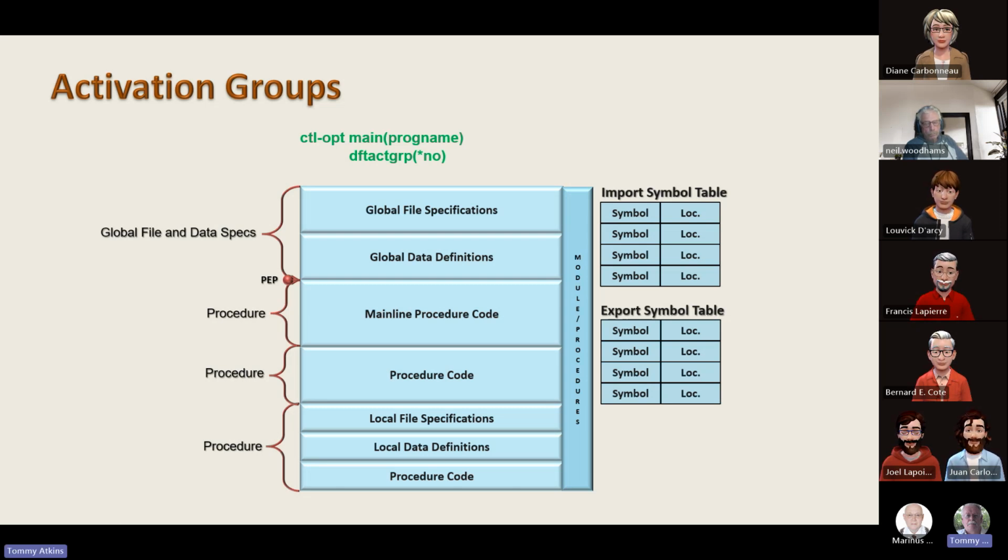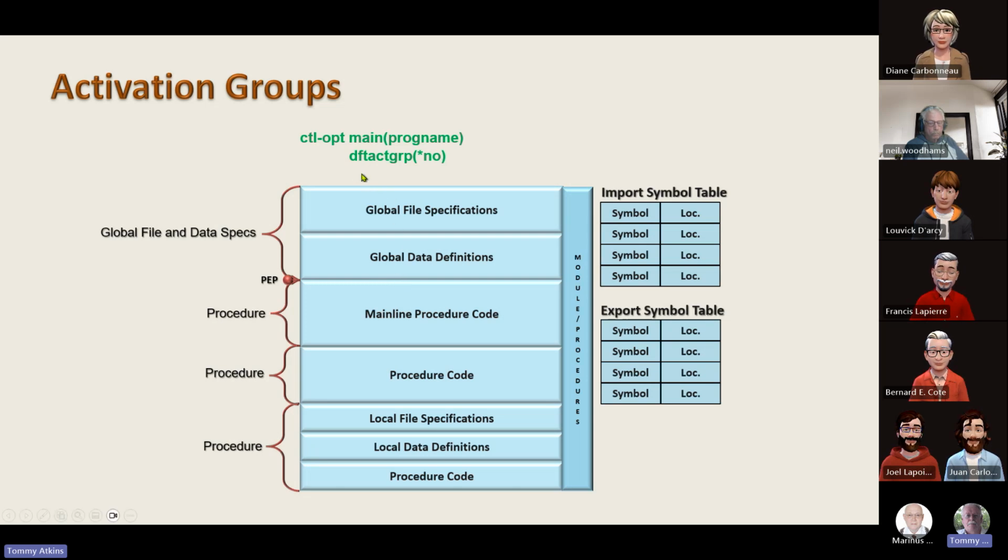But where does it go to? Where does it actually run once it's out of the default activation group? Well, it basically creates an activation group of its own. And you can control which activation group it actually creates. And there's benefits to all of them.